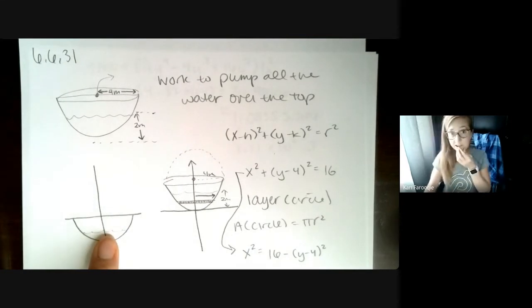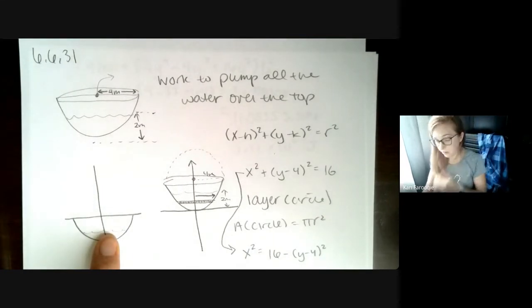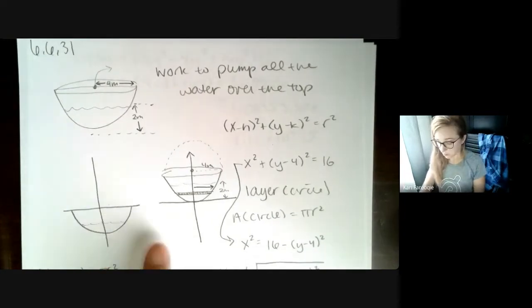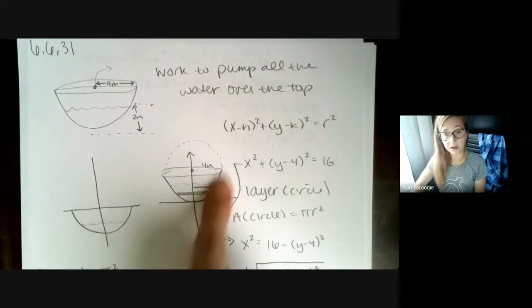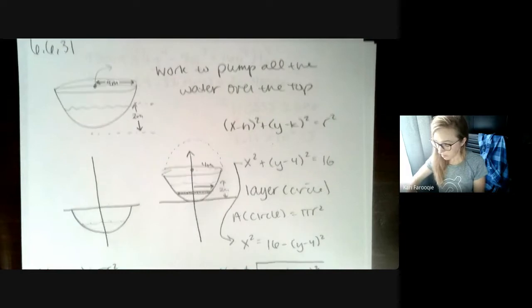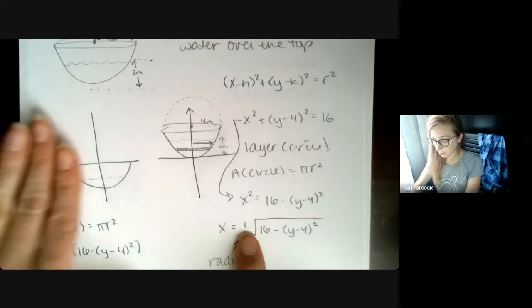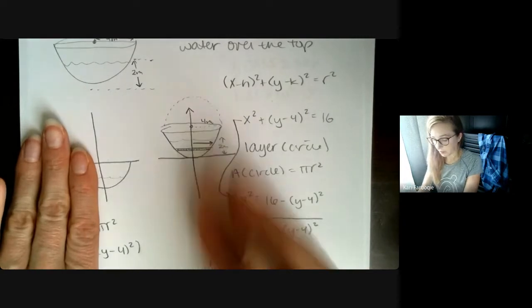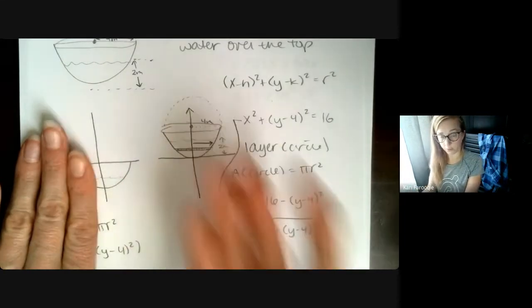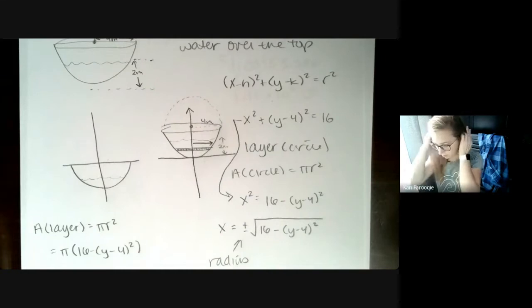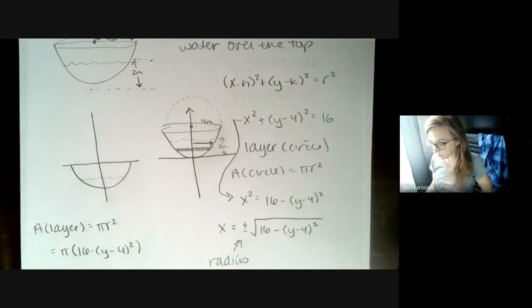And really, it's not going to make a difference to your radius, because your radius is going to depend on what's happening on the right side. So when you take a plus or minus here, you're still focusing on what's happening on the right side of the circle, whether it's down there or up there, and it's getting squared. So that's not going to matter.